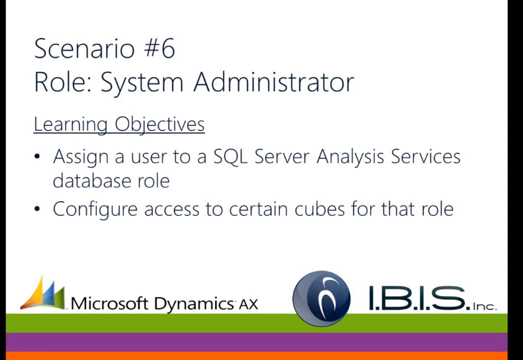In this sixth and final scenario, you're responsible for securing user access to the analysis cubes. Your learning objectives will be to assign a user to a SQL Server Analysis Services database role and configure access to certain cubes for that role. Your first task is to assign yourself to the Marketing Manager role in Analysis Services.